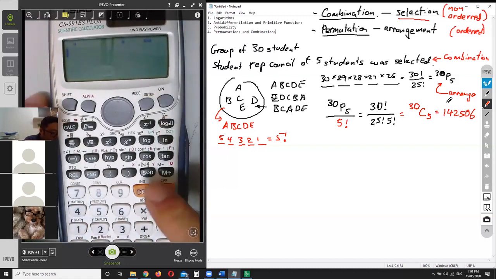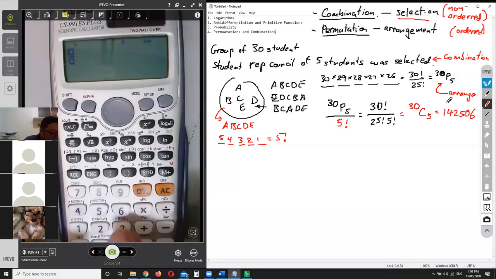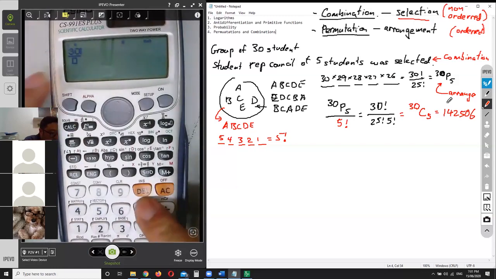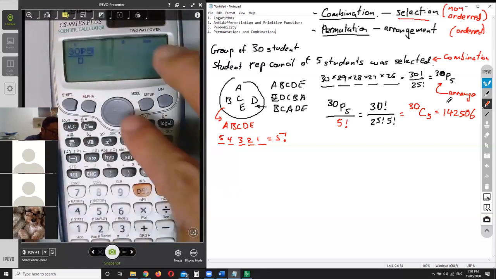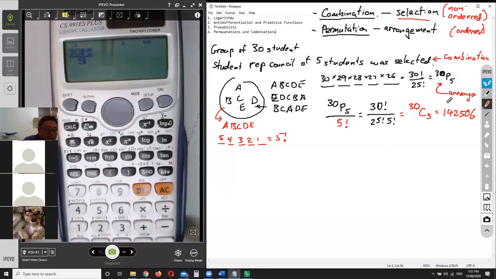That's not how you do it. You go 30P5 over 5 factorial. Where is it? There it is. It gives you the same answer.